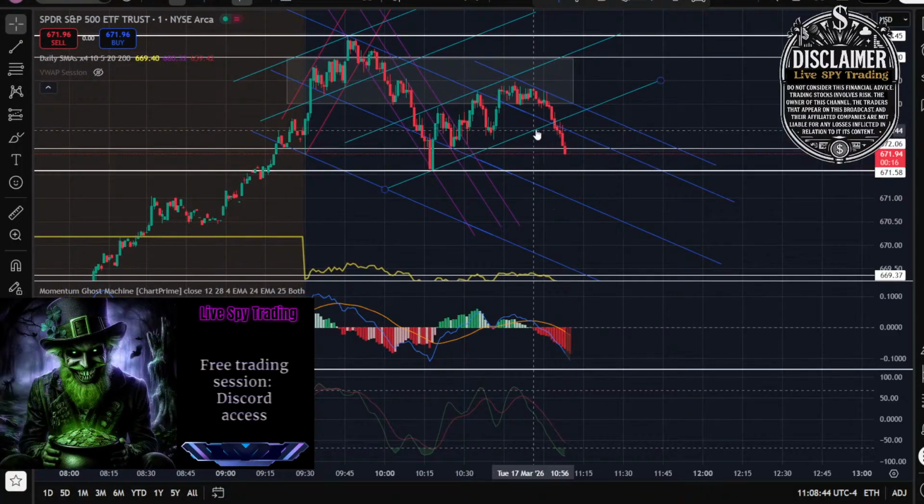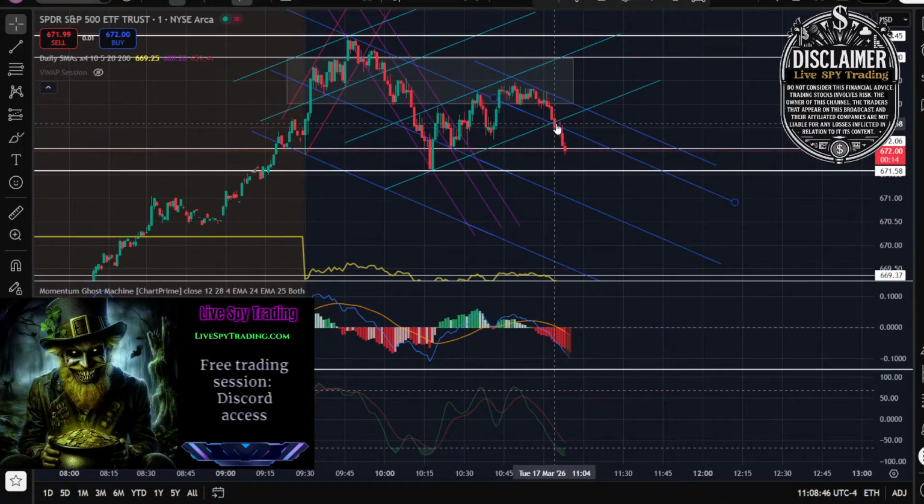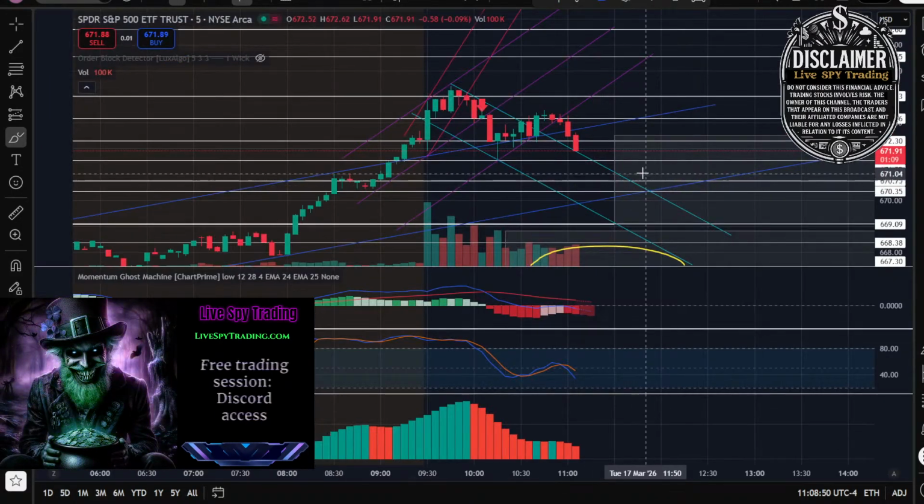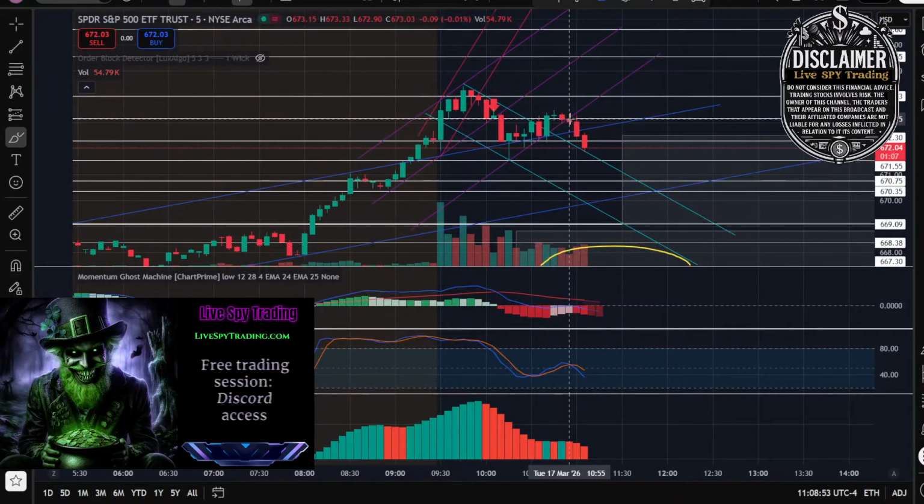On teal here, on the break of this teal, you need to protect this trade. If you're looking for puts, it would have been on the break of purple right here.